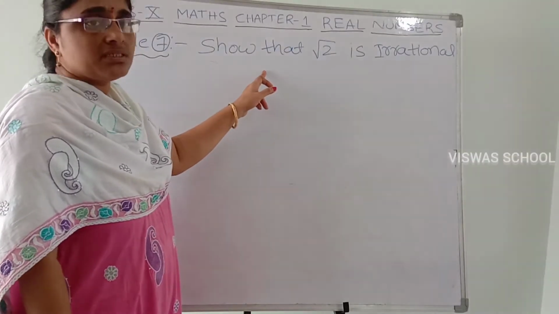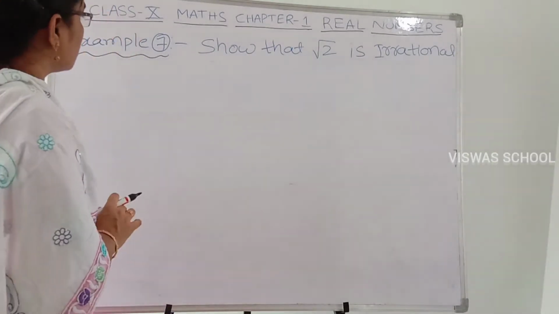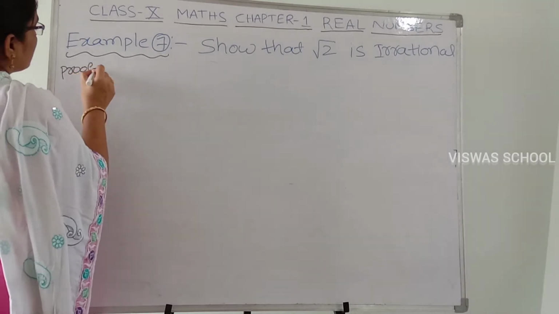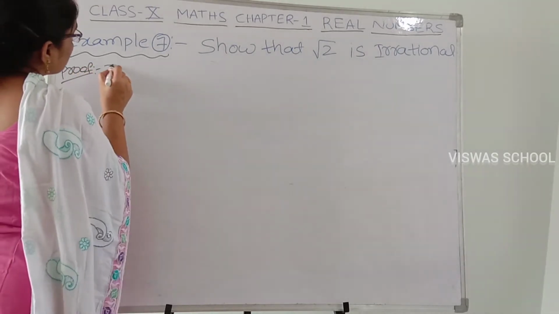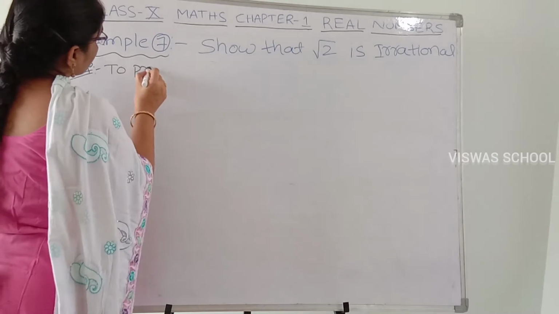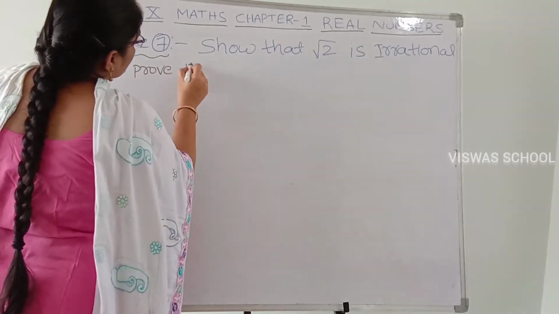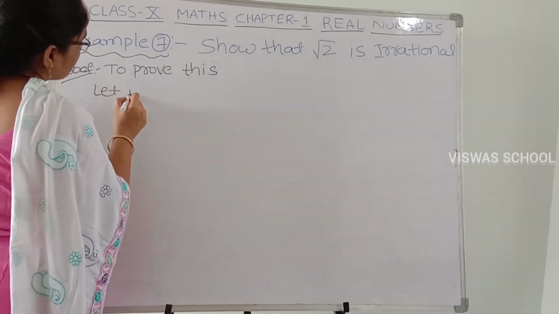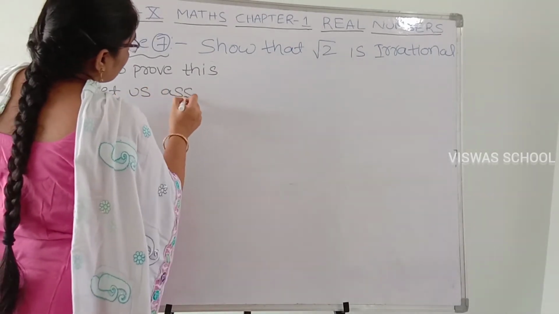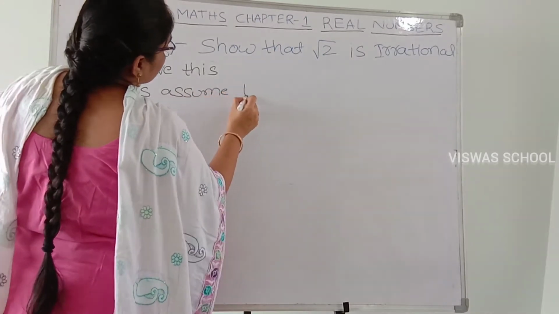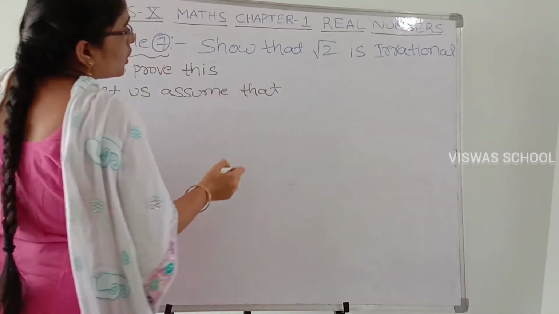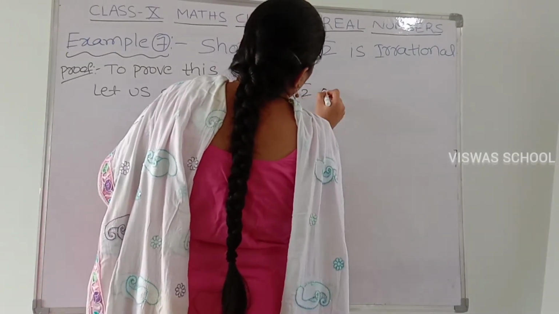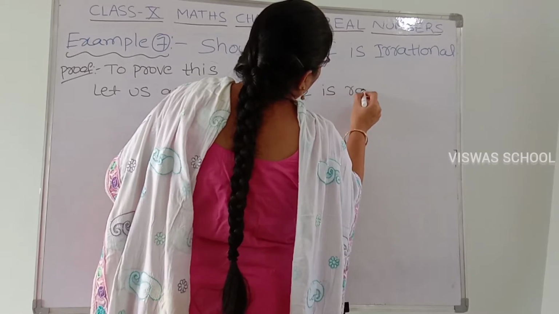Show that root 2 is irrational. To prove this, let us assume that root 2 is rational.